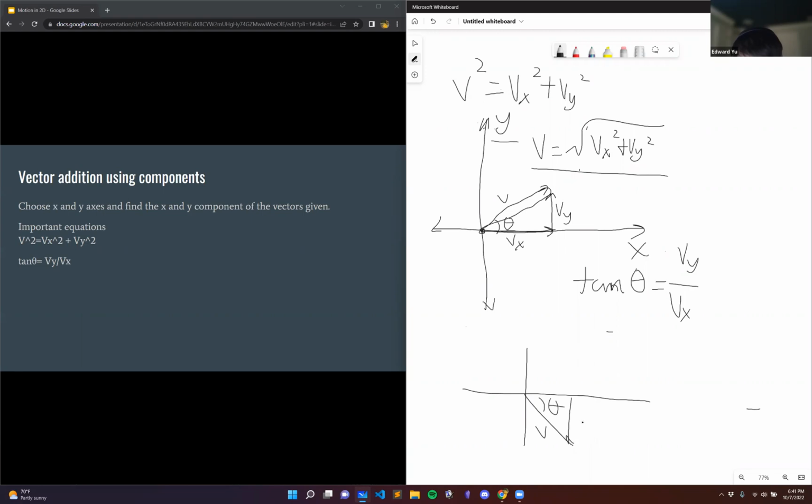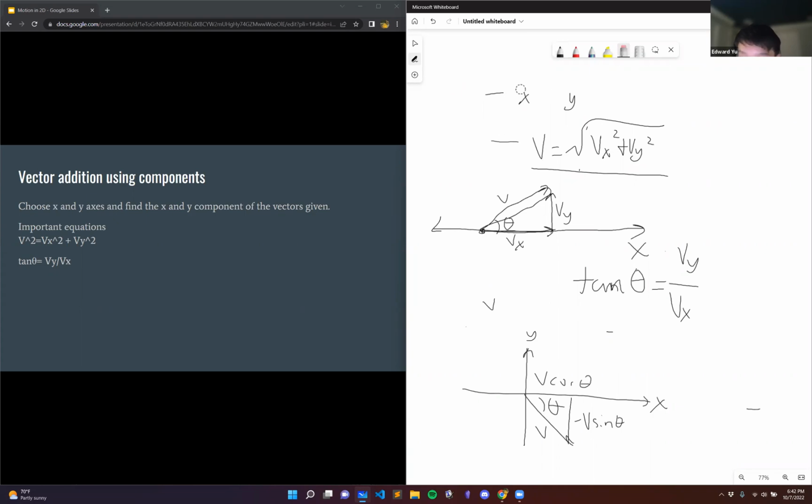This y would be negative because it's going in the negative y direction, and the x would still be positive. So it's important to draw it out first and know where the negative and positive are, because this would be negative v sine theta now, and this would still be v cosine theta.